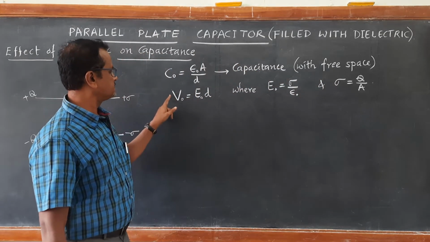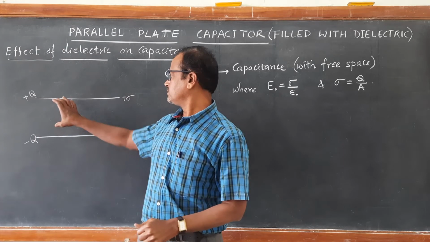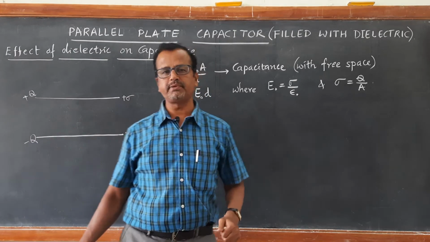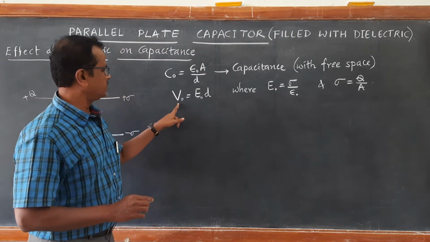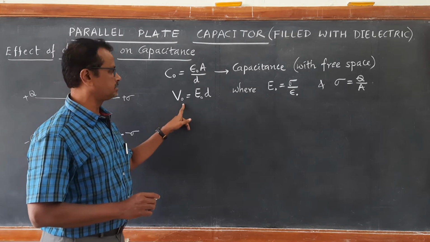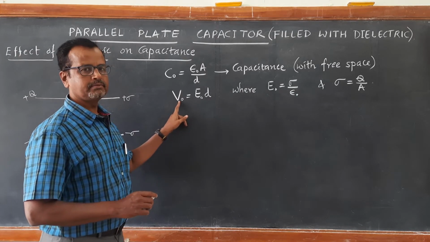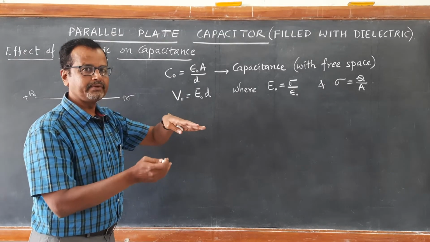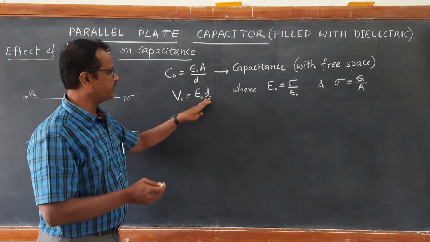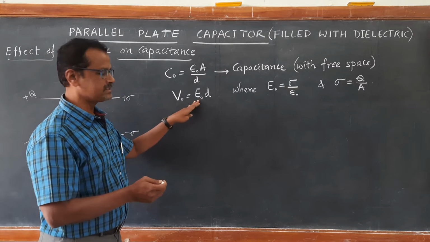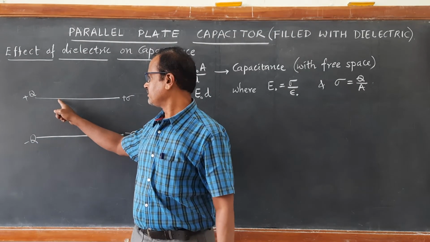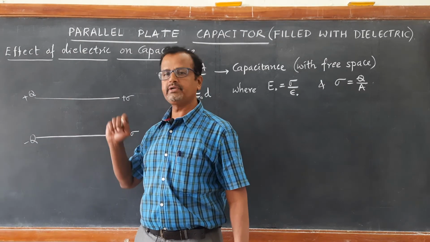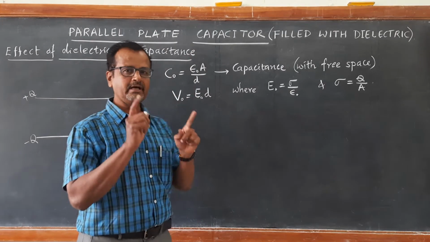In that case, the potential difference between the two charged plates, with air or vacuum in between, is represented as V naught. V naught is equal to E naught d, where E naught is the electric field developed from the positively charged plate to the negatively charged plate in free space.